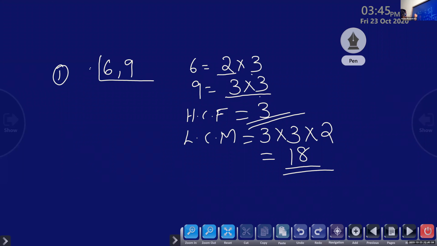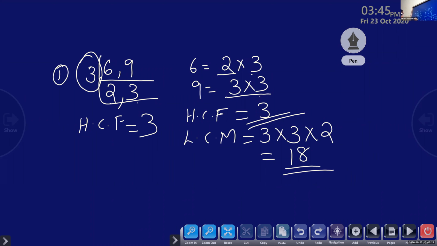Okay. Here 6 and 9, we have 3, 2, 3. So 2 and 3, we don't have any common factors. So for HCF, we can choose 3 itself. To find the LCM, you have to do one more step. You can take 2, here 1, 3. So 1, 3 into 2, LCM.